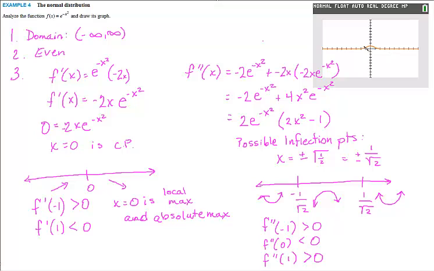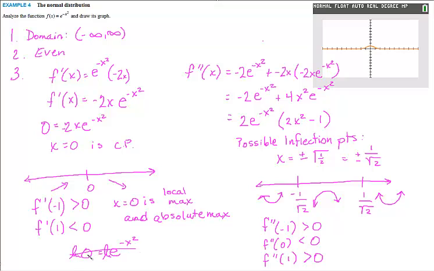I also need to get any x-intercepts, see if it crosses over there. So I test to see if I can get a point where y is 0. So I'll take the natural log of both sides. And what is the natural? Oh, I can't take the natural log of 0.